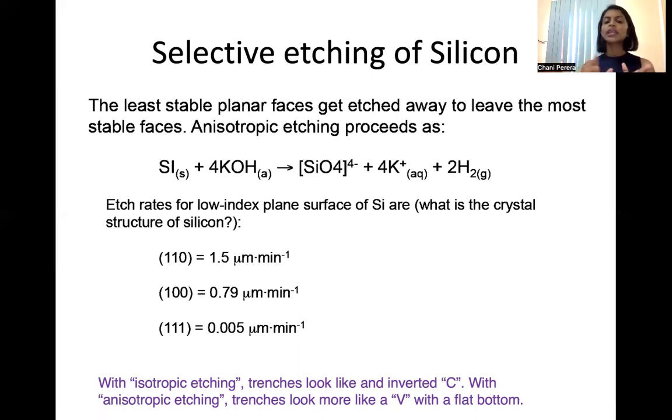So we are left with a highly stable 111 plane silicon structure. With isotropic etching, trenches look like an inverted C. I'm not going to go into detail about isotropic etching and anisotropic etching, because we are going to talk about them in detail when we talk about the fabrication techniques. So for now, I'm going to skip this.